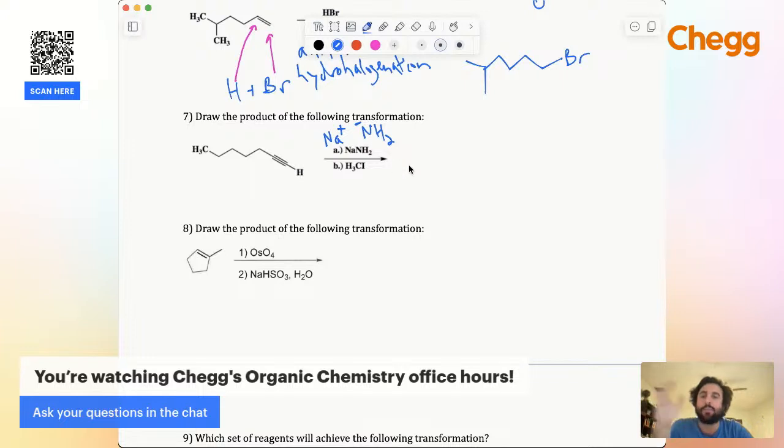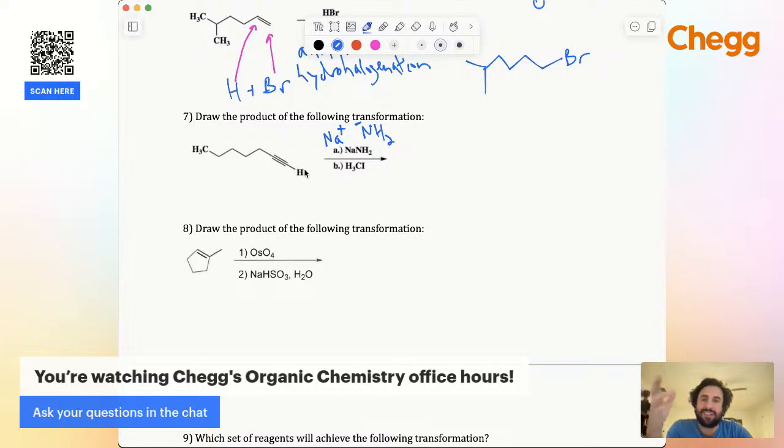So NH2-, what's that? Is that basic? Actually, it's extremely basic. NH2- is so basic that its conjugate acid, NH3, ammonia, is a base. It's so basic, in fact, that it can deprotonate terminal alkynes.